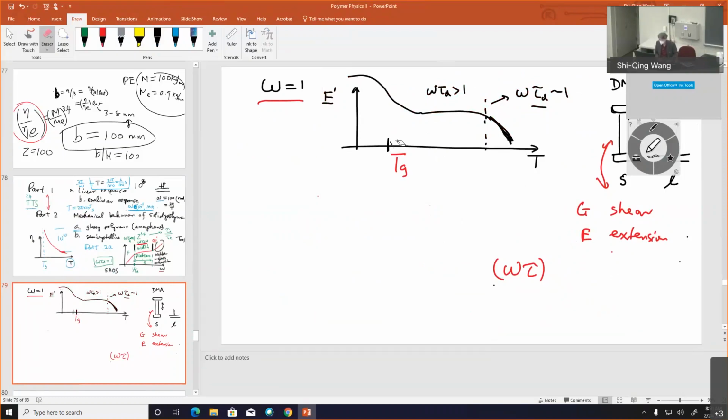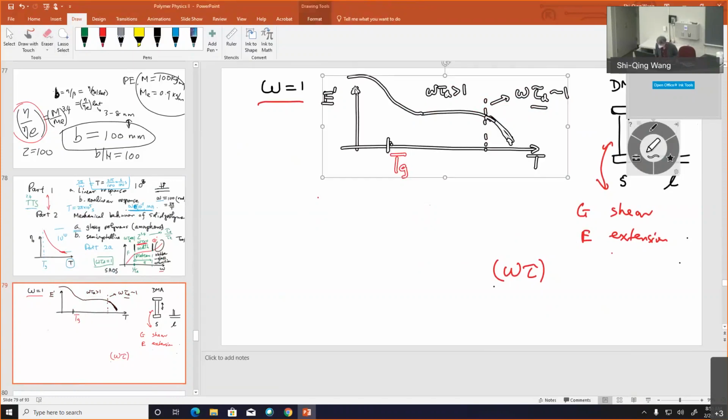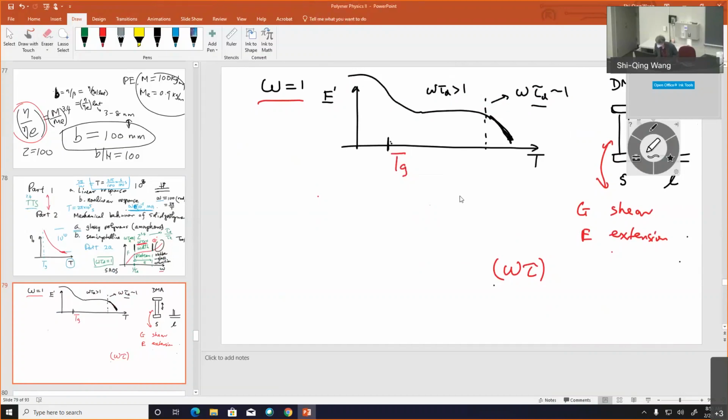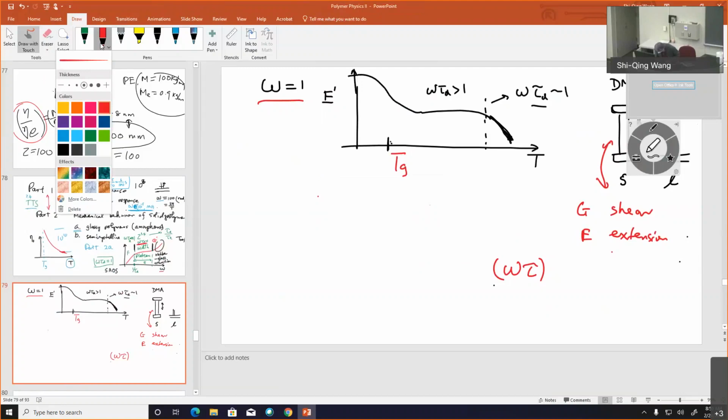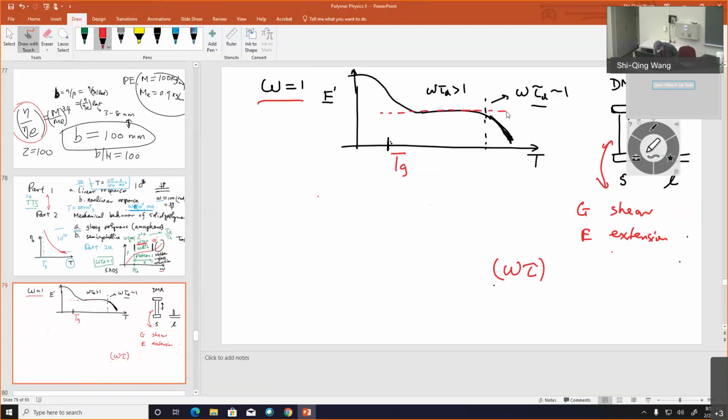The second thing I want you to pay attention to is to realize that, as we typically said, this is the same plateau modulus. And we have already gone through this.